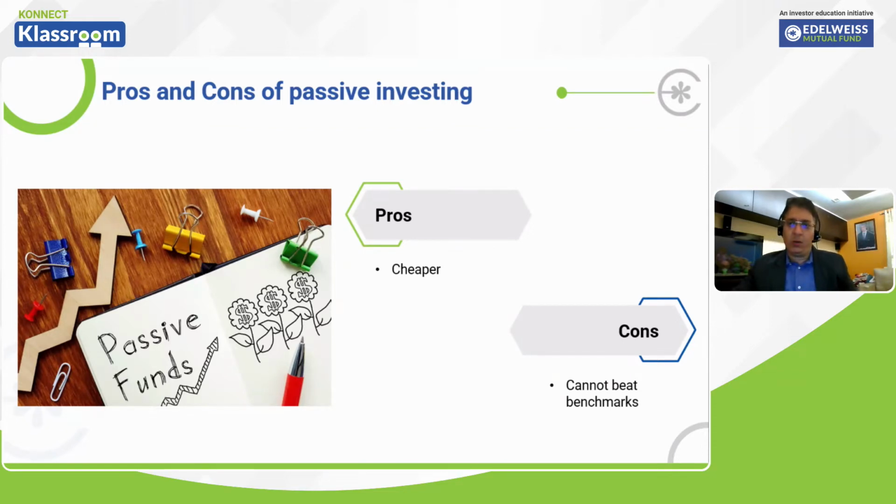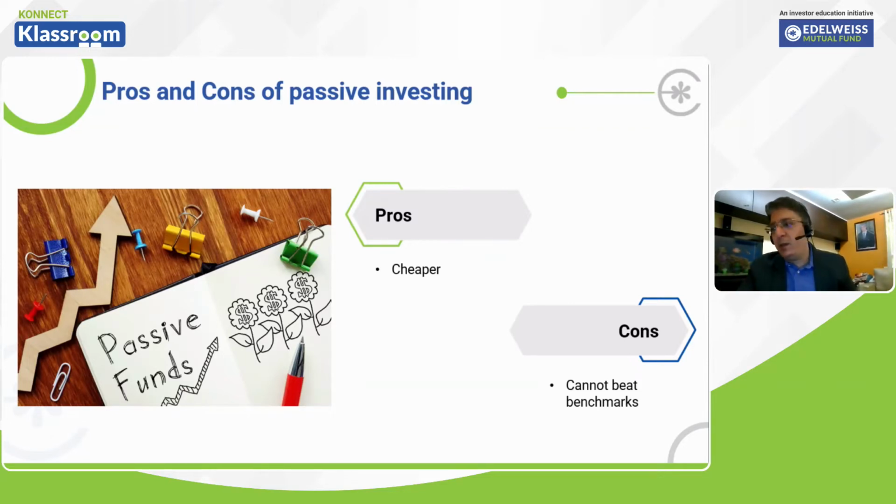But looking at how markets are unpredictable, I think these may not actually be a total con. It may be something which will give certain cushions and certain predictability in terms of how my investments are performing. So that's about the pros and cons.